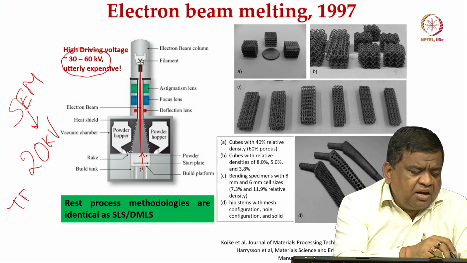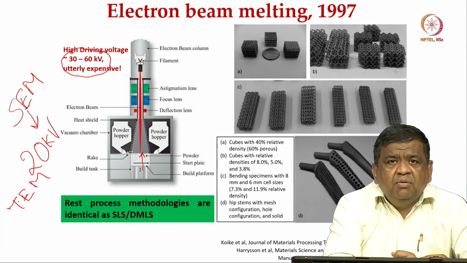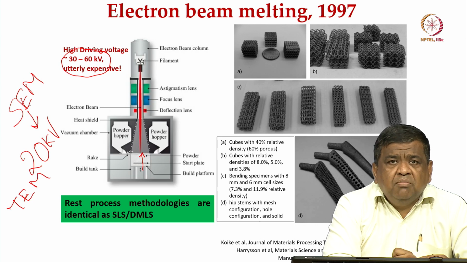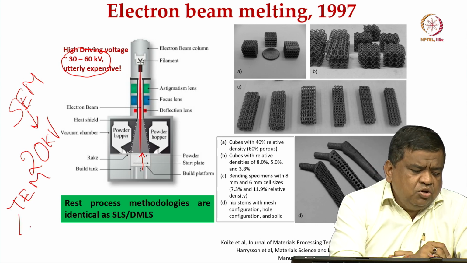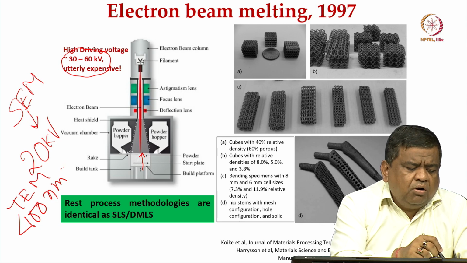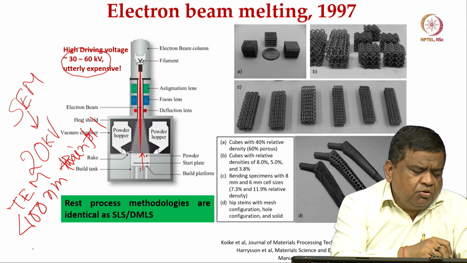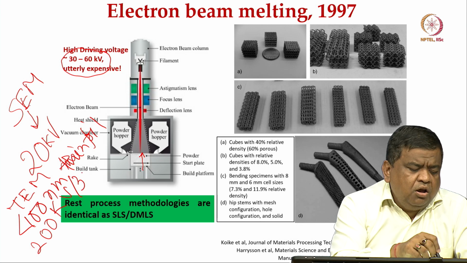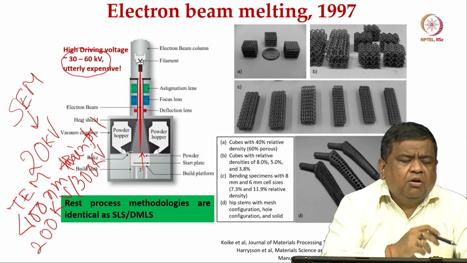Another materials characterization technique uses a thin film of the material to be investigated, and the thickness of the film must be less than 100 nanometer. So, this is a 100 nanometer metal foil or thin foil used for the transmission electron microscope, and here they use 200 kilovolt or 300 kilovolt electron beam.